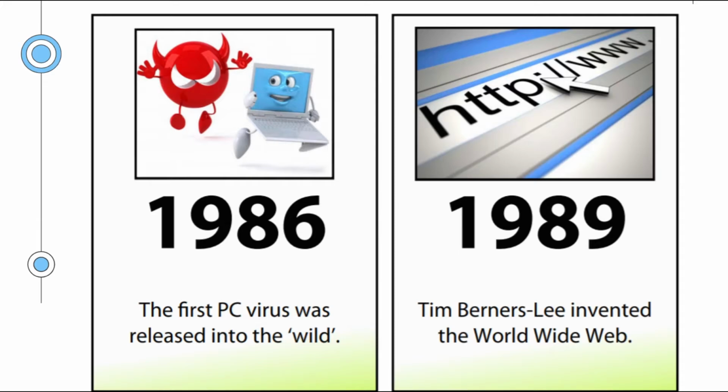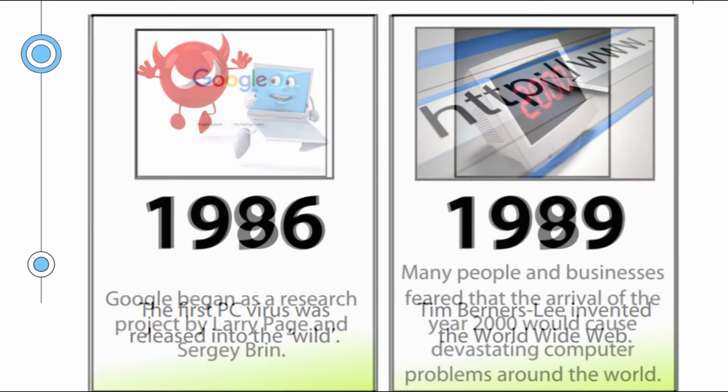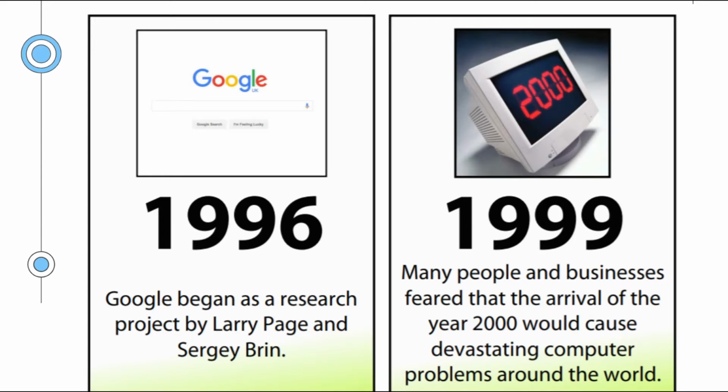And the internet, or the World Wide Web, was invented in 1989 by connecting computers in the US. In 1996, Google began as a research project by Larry Page and Sergey Brin.